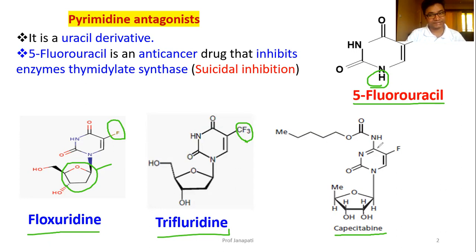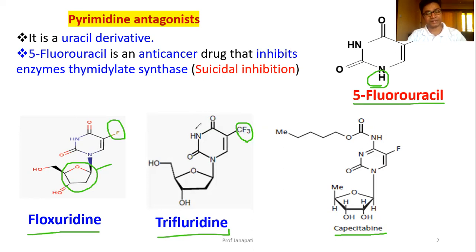You can see a cytosine-like structure is present, but in the body it converts to uracil, 5-fluorouracil. That's why we classified it here. What's the drug? Capecitabine. These are the 4 drugs which we classify under pyrimidine nucleus.